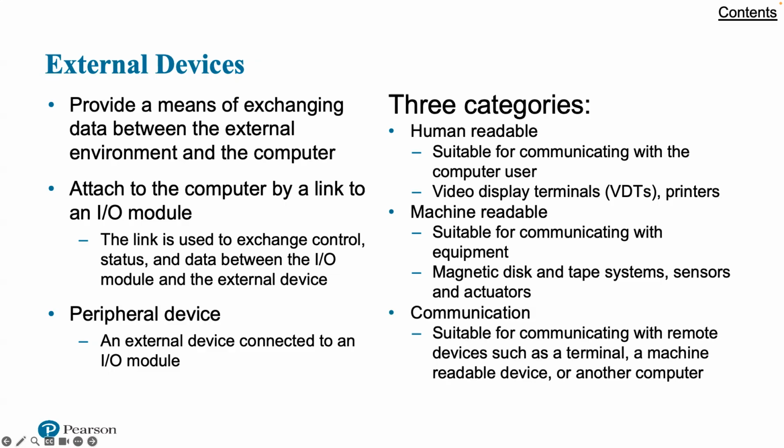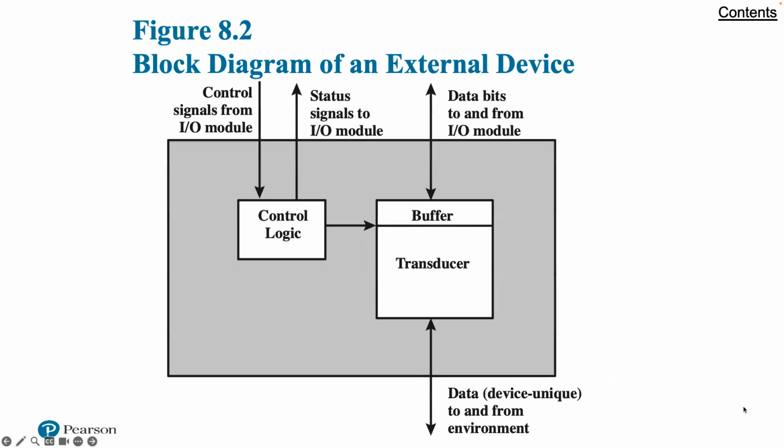From a structural point of view, these devices are controlled by I/O modules and are hence to be considered in this chapter. So we're getting a chance to see it from two different points of view. Communication devices allow a computer to exchange data with a remote device, which may be a human readable device such as a terminal, a machine readable device, or even another computer.